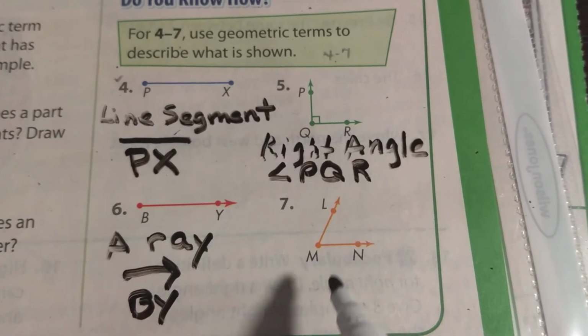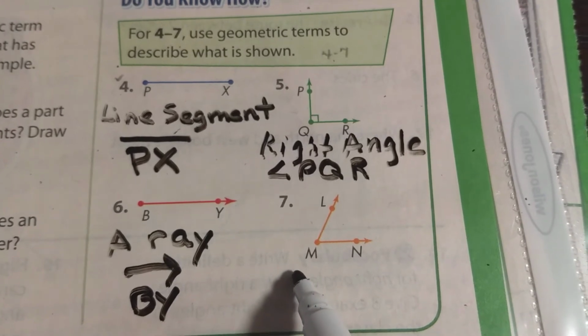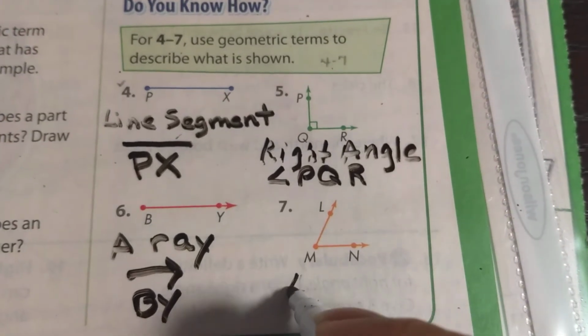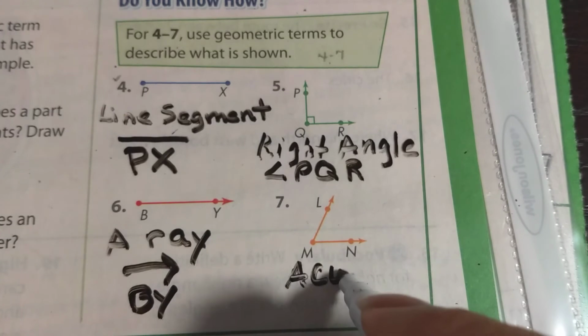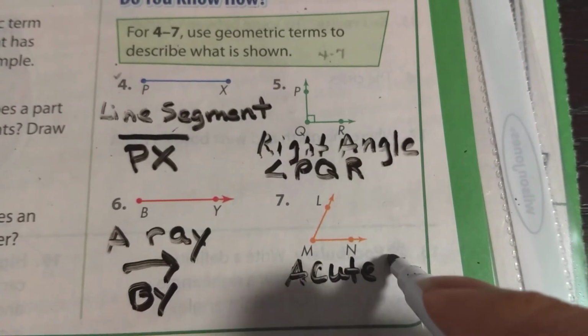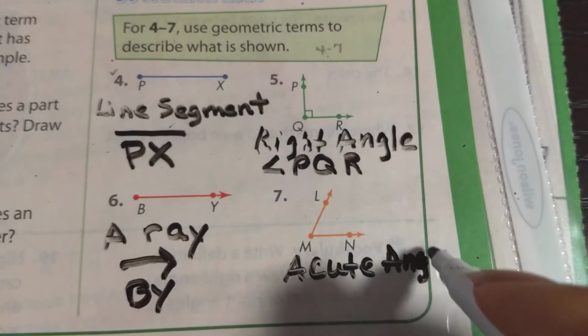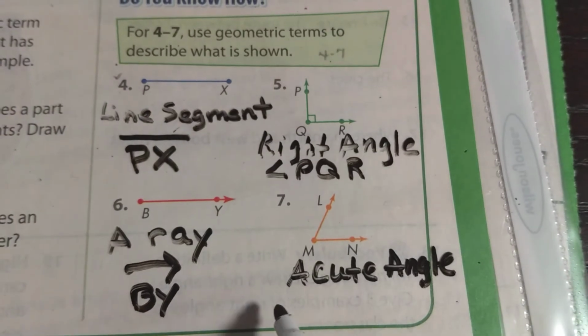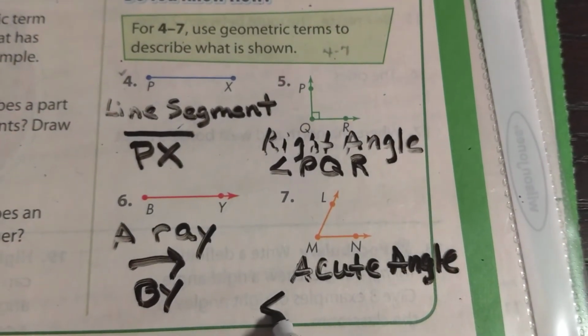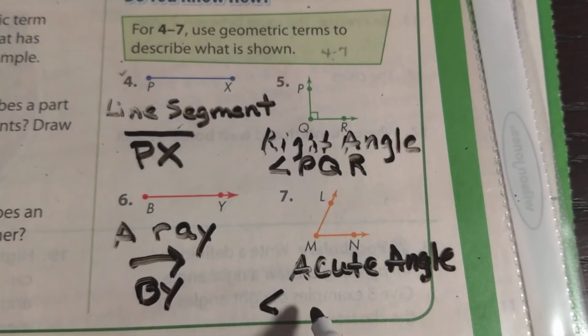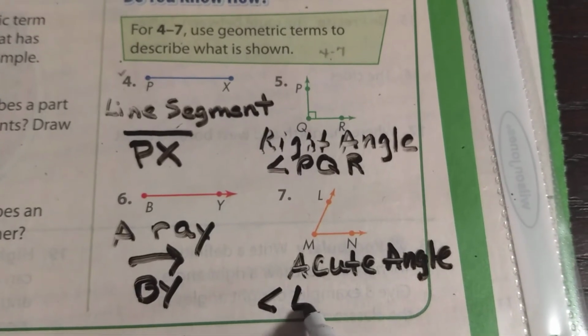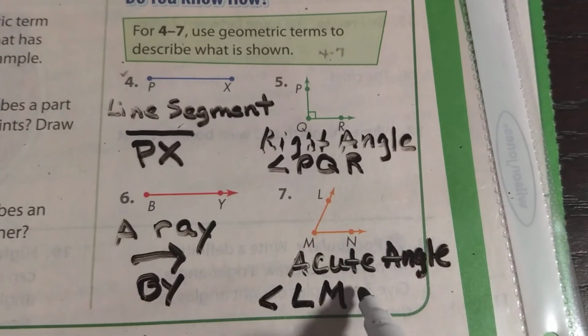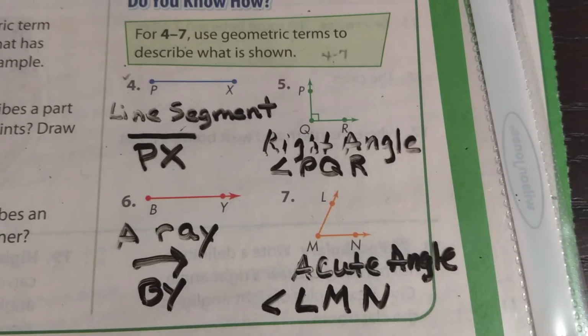So it is called acute angle. And I would say angle what? The letters are L, M, and N. Okay?